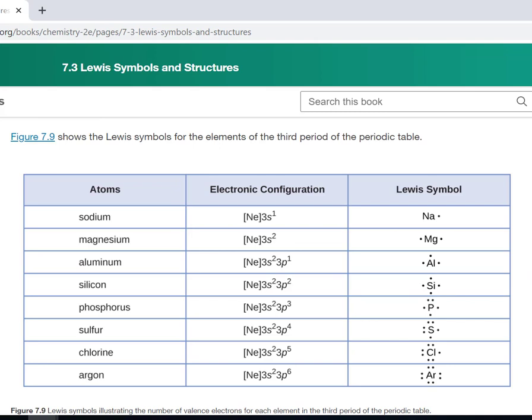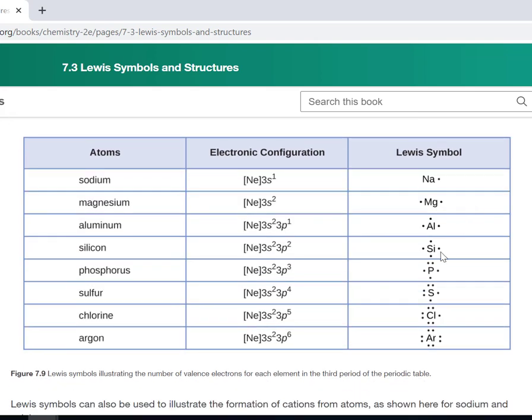After we get to 4, we start to pair up those electrons. We're showing that here with phosphorus. We have 5 valence electrons: 2 of them are paired, and then 3 are single dots. Then 2 sets of paired electrons and 2 single dots, 3 sets of paired electrons and a single dot, and finally 4 sets of paired electrons.